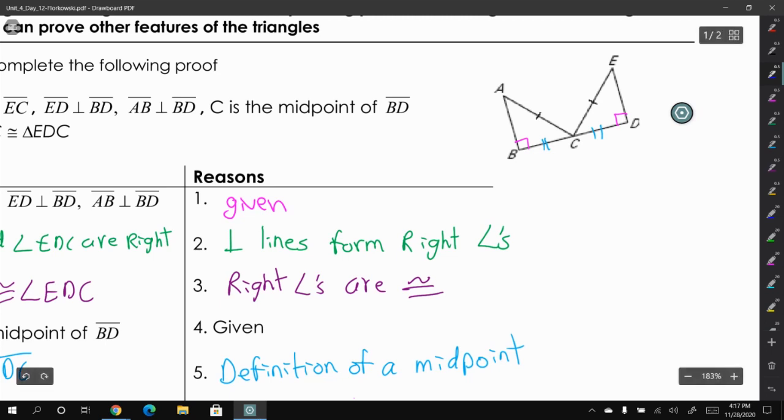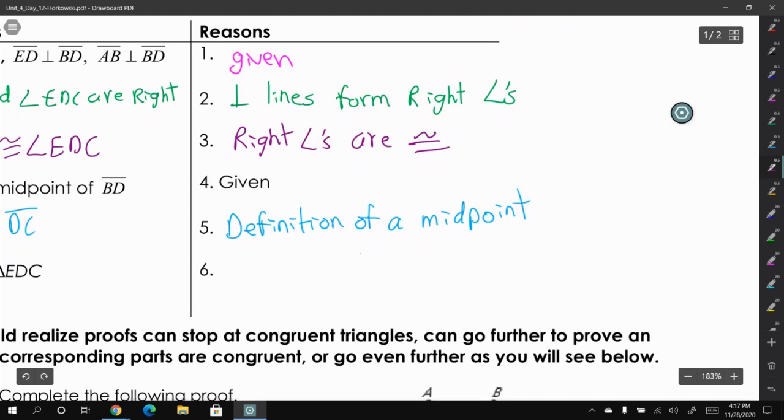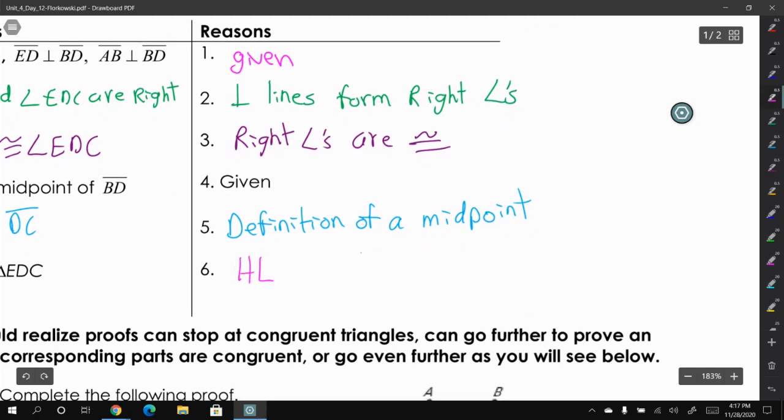We have the hypotenuses in these two triangles congruent, and we have one of the legs congruent. Since they are both right triangles, we can use HL, hypotenuse leg. We haven't done a lot of those, so I wanted to do one and review what it looks like.